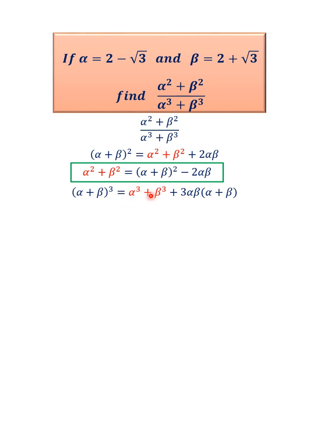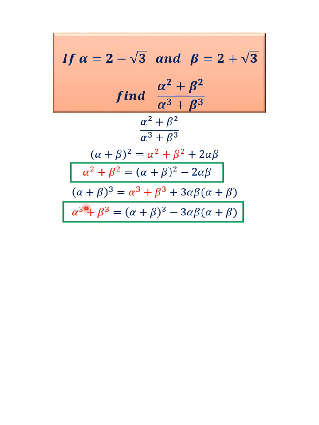If we make it subject of formula, it means every other thing here is going to transfer to the right hand side and this will become negative. What it means is that alpha cubed plus beta cubed equals alpha plus beta all cubed, minus 3 alpha beta into alpha plus beta. So this is the identity we are going to use for the denominator. Now let's look at the identities carefully.